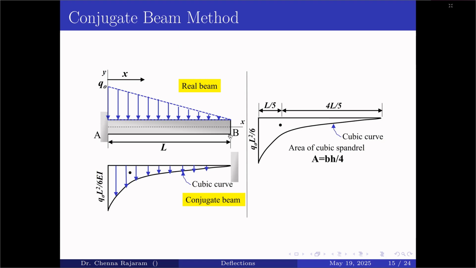Similarly, if the support in the real beam is a free end, then it becomes a fixed end. Whatever loading is acting on the beam, if you draw the bending moment diagram, that bending moment diagram becomes the loading on the conjugate beam. Here the load is a uniformly varying load, and the bending moment diagram is a cubic curve, and the intensity value is Q naught into L square divided by 6 EI.